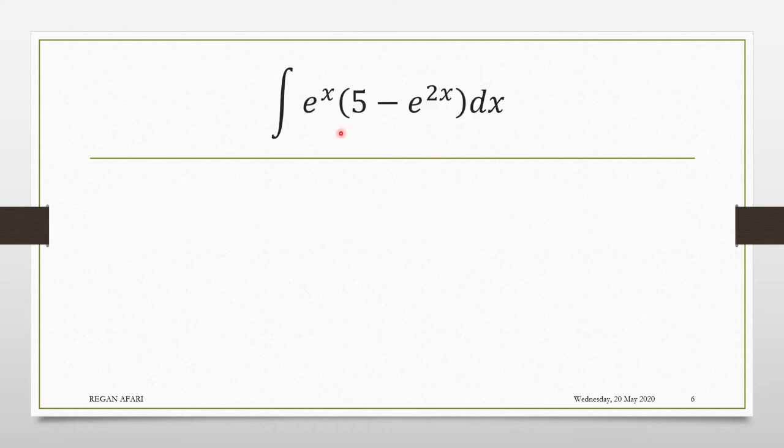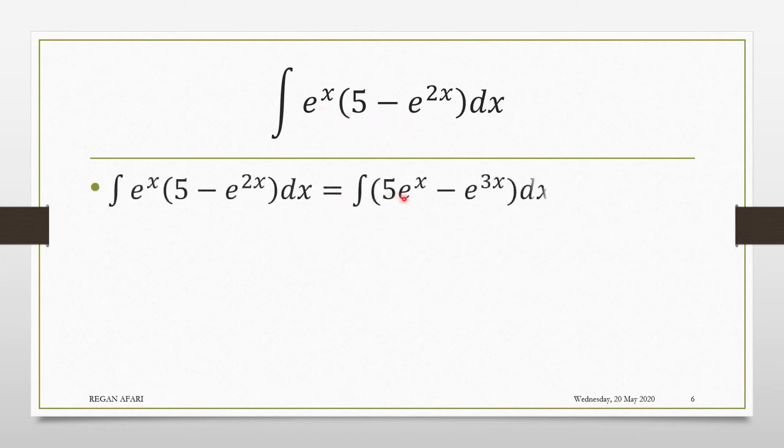Then we have this. So this is like a product. Of course, you have e raised to the power x, and then you have 5 minus e raised to the power 2x. They are multiplying, which is fine. So the first thing you do is to expand this bracket. So let's do that. When we expand, we have 5 e raised to the power x.